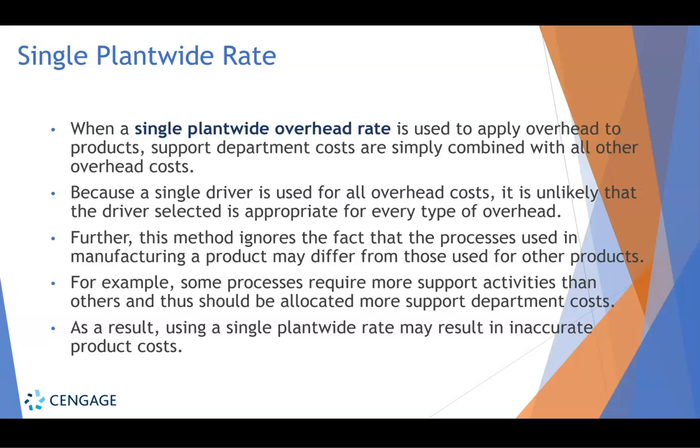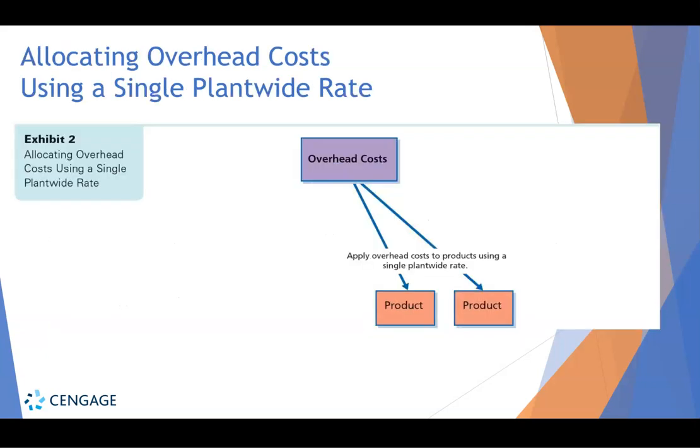Using the single plant-wide rate can have inaccurate product cost results. So here, when we utilize a single plant-wide rate, the overhead costs are used for everything, for all the products.